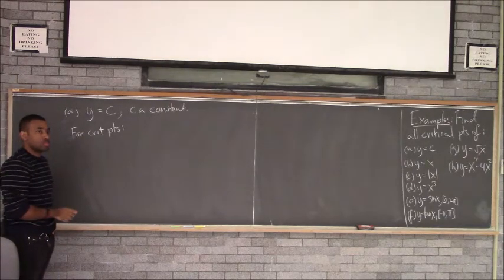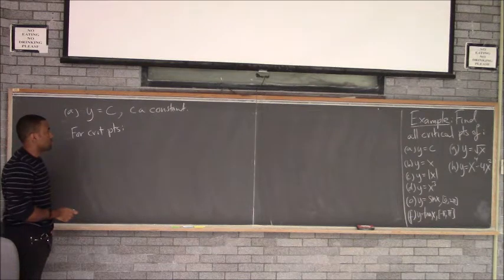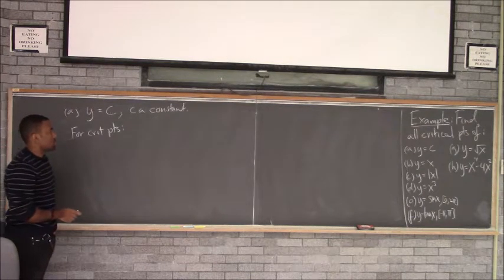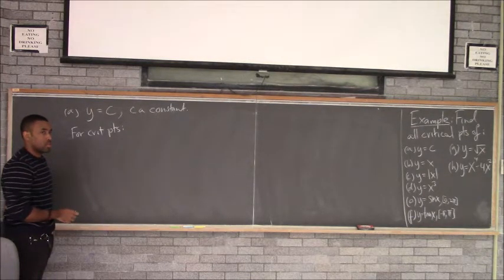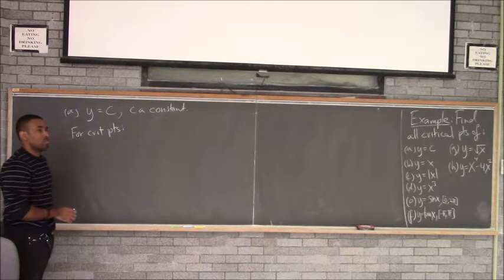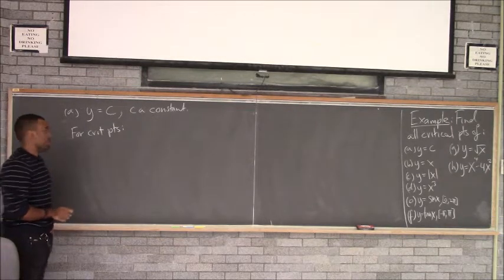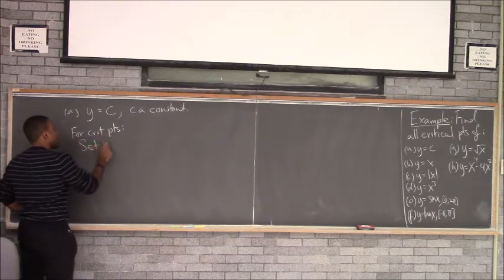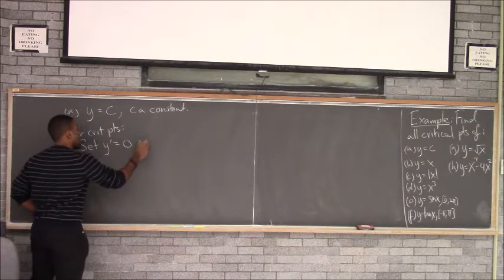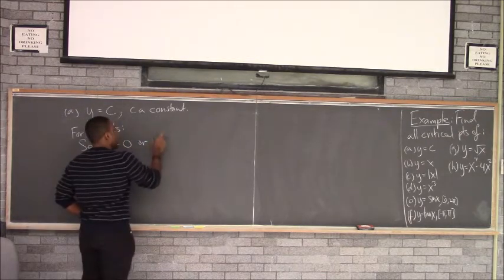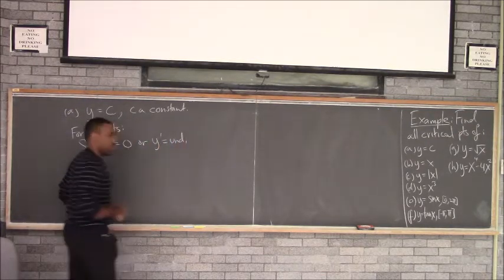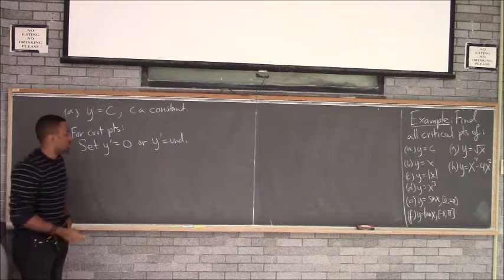You take the derivative of the constant, which you get 0. But yeah, you take the derivative, and then set the derivative equals 0, and then whenever it's 0, yes, you're still thinking of half the rule. Think of the whole rule. For critical points, we're going to set y prime equals 0 or y prime is undefined. Okay, think of both of them all the time.